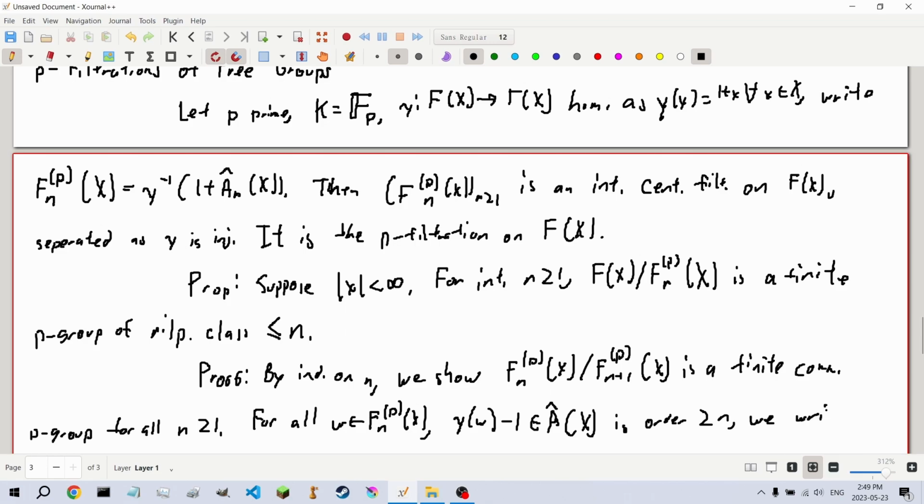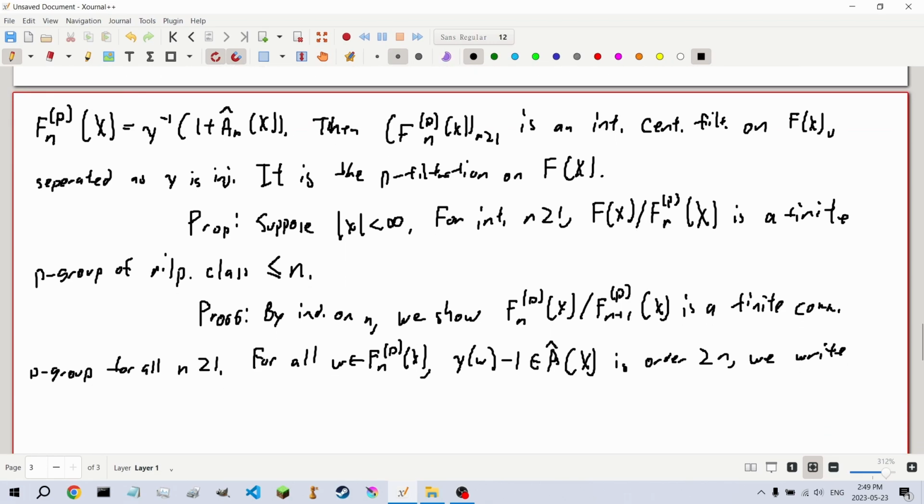We write as delta n of w the homogeneous component of gamma of w minus 1 of degree n.